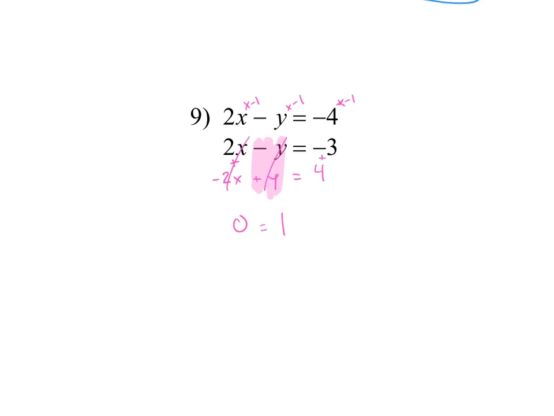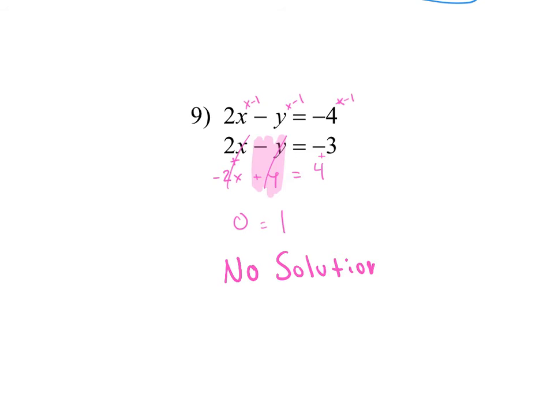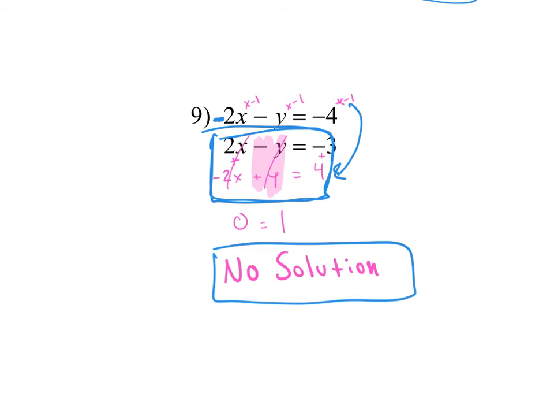No. So what would be our answer here? No solution. So anytime you get 0 is equal to some number that's not 0, your answer is no solution. So here's when it's going to cancel out, and you're going to get 0 is equal to 1. So I would just do that one step just to see that it gives you no solution. Okay. And you have to show your work on the quiz, so this would be your work.